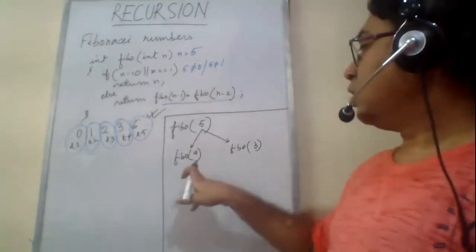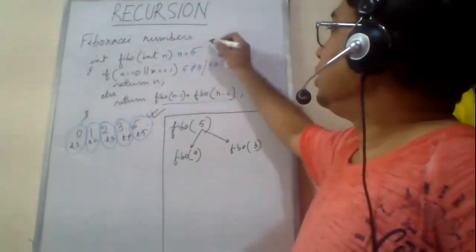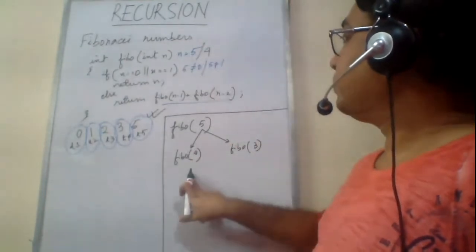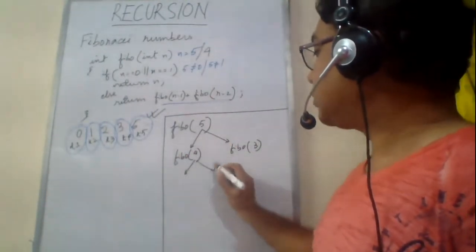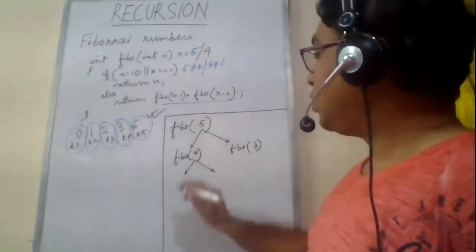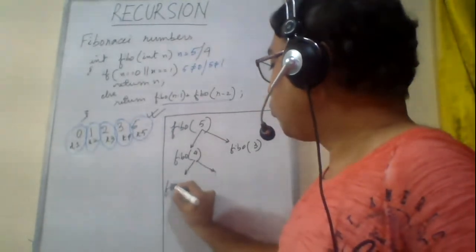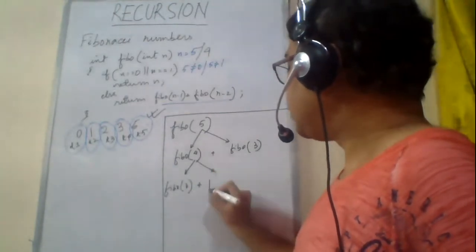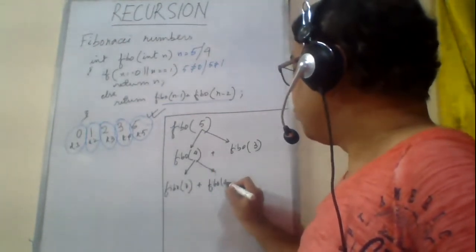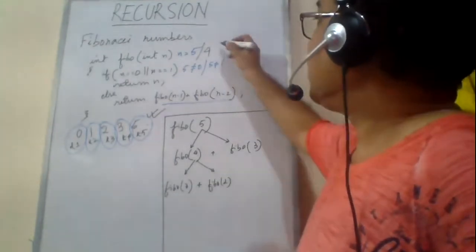Okay. Now Fibo of 4. So here I have to pass 4. When I am passing 4, again it will call two functions. What will it do? Fibo of 4 will do Fibo of 3 plus Fibo of 2. So I am passing now 3.